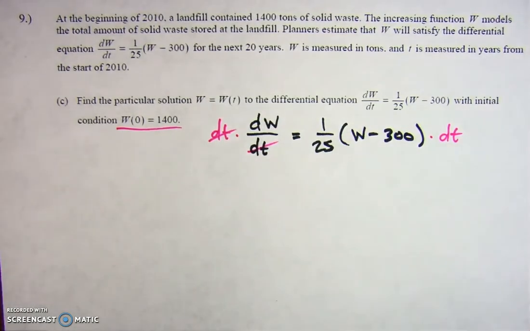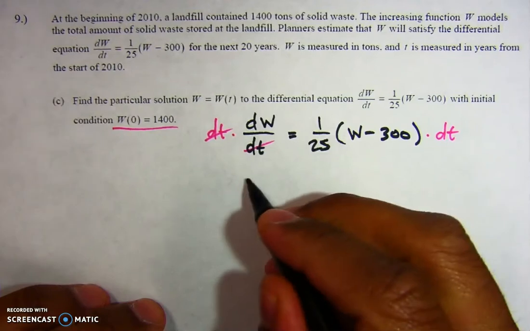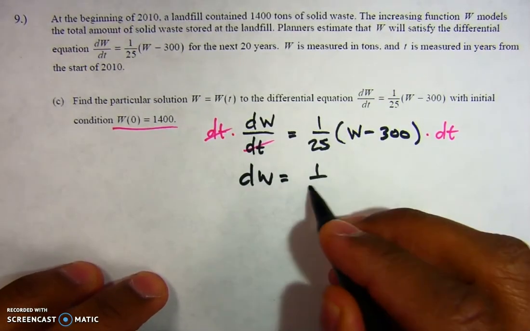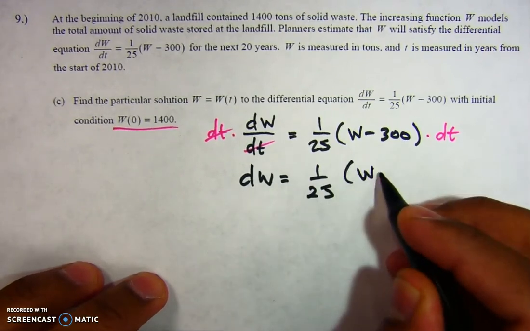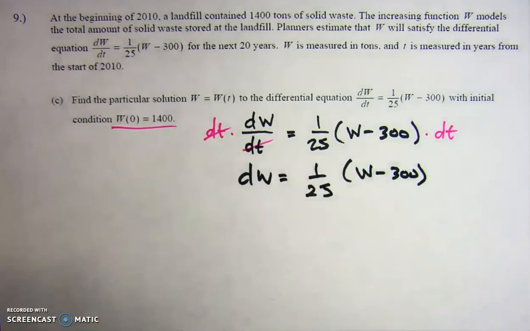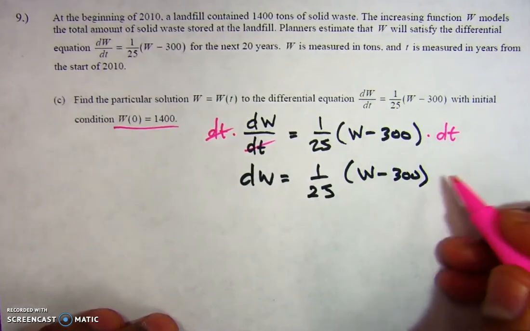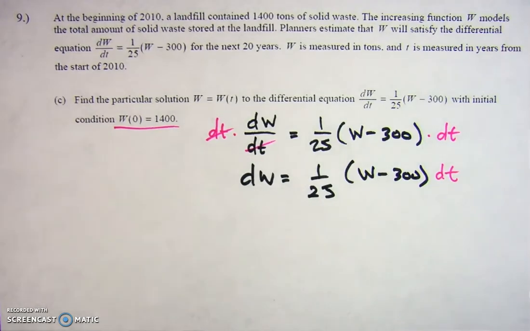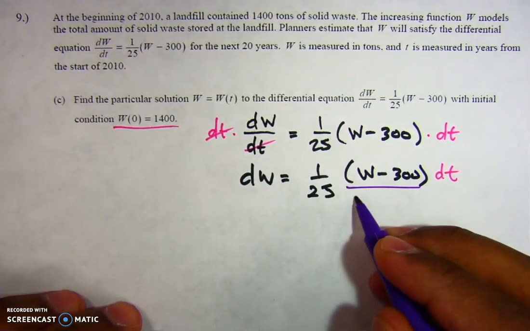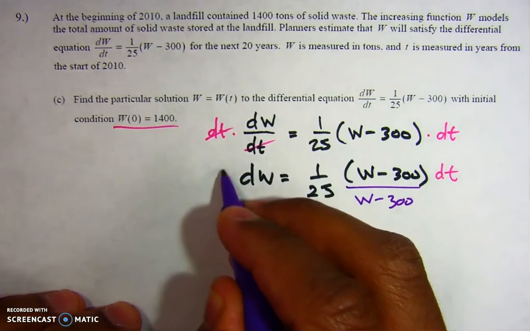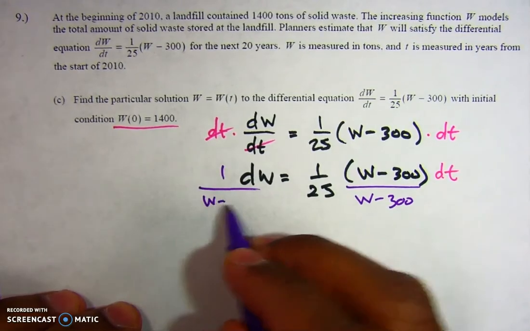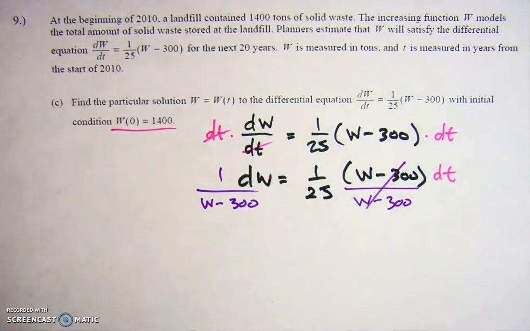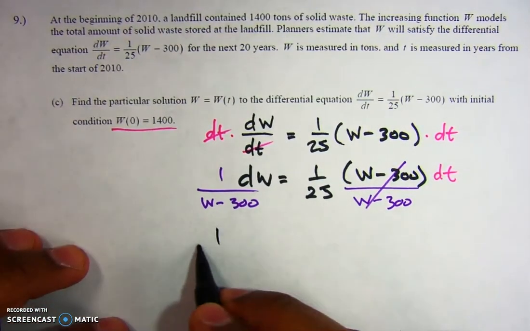By doing that, now we have dW is equal to 1 over 25 W minus 300 dt. And if I divide both sides by W minus 300, I now have this.